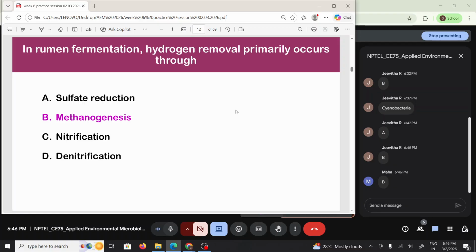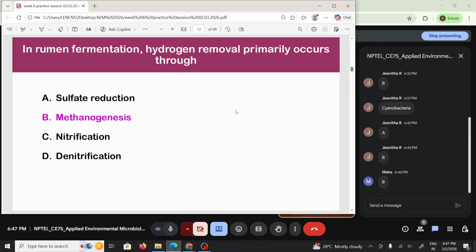Exactly. So the answer is methanogenesis. So when we talk about the rumen of animals, there happens this breakdown of complex carbohydrates, and after this breakdown, which is the hydrolysis, there comes the next step called fermentation. And we all know that fermentation is the process that is going to yield us products like acids, alcohols, etc. Right.